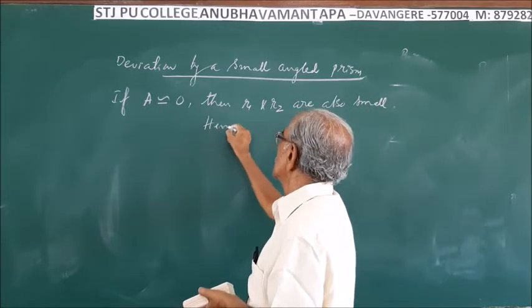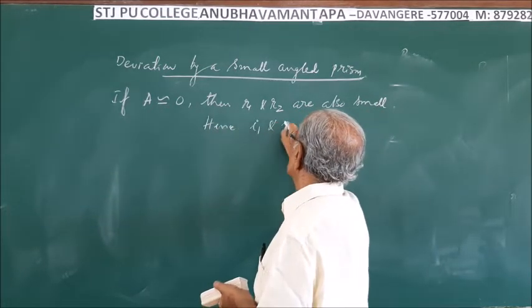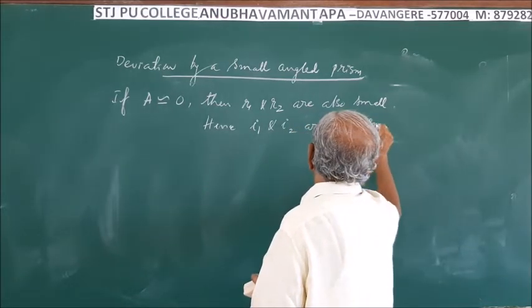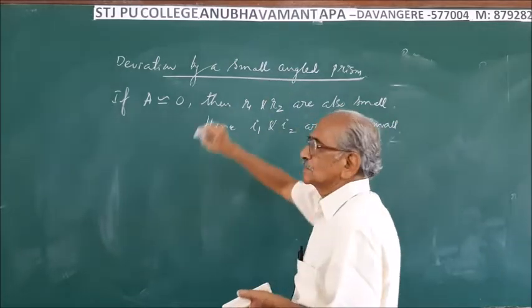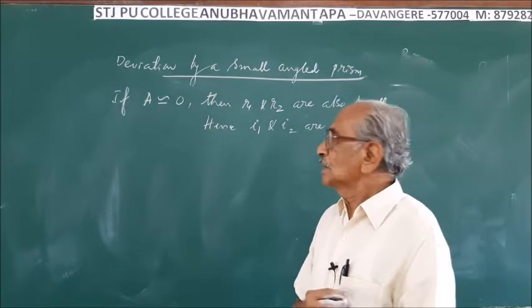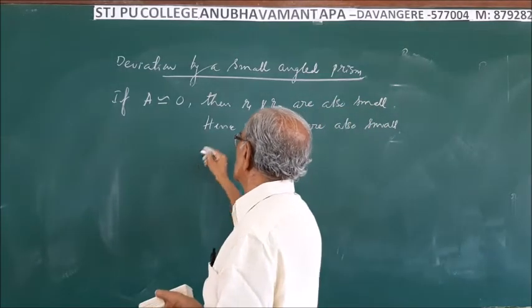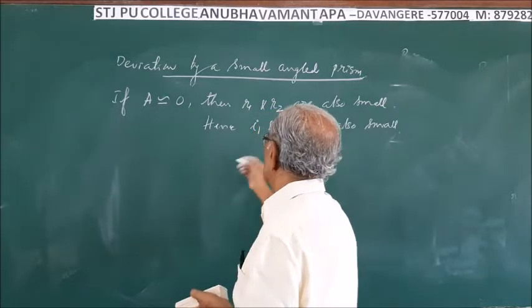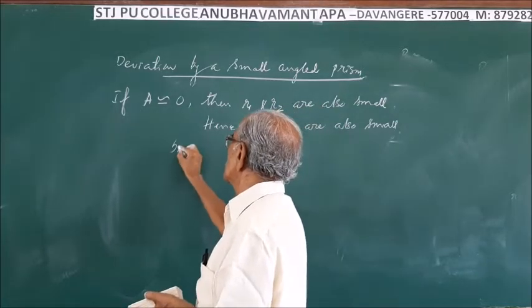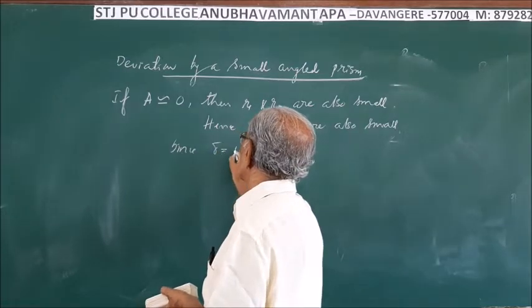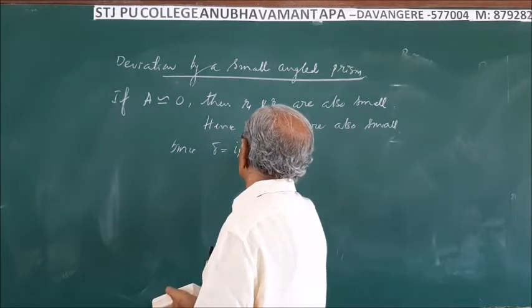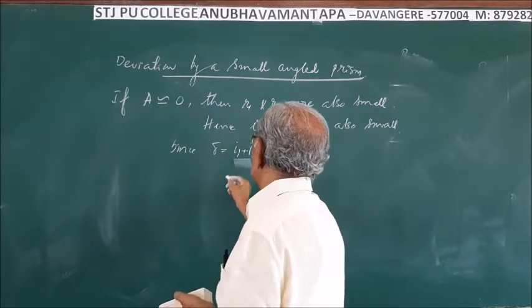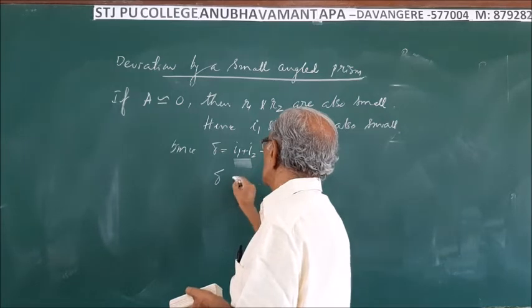Hence, I1 and I2 are necessarily small. Since delta is made of I1 plus I2 minus A, and these are small, delta is also small.